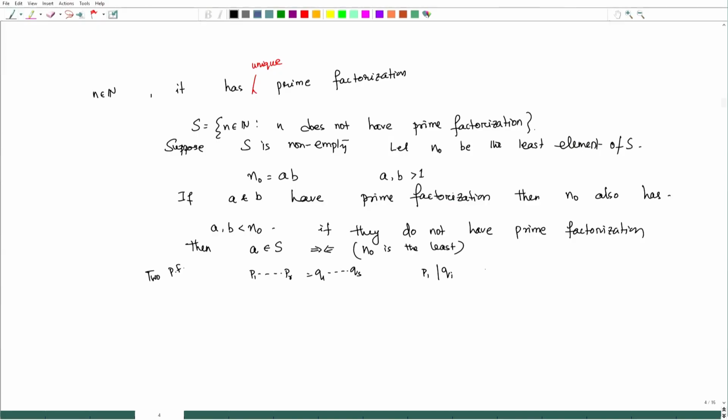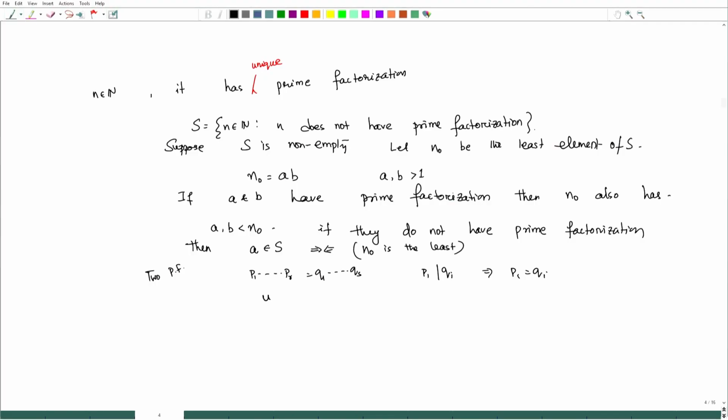So, p1 has to be qi. Similarly, you take out p1 from the left and qi from the right-hand side, and you have p2 to pr equal to the product of q1 to qs without qi. Then the same argument: p2 is going to divide some prime, and the other side is a prime, therefore it has to be the same. So, what you will get is that this is the unique factorization.